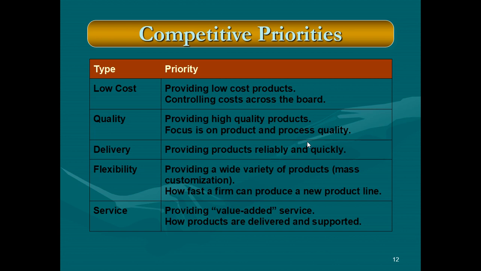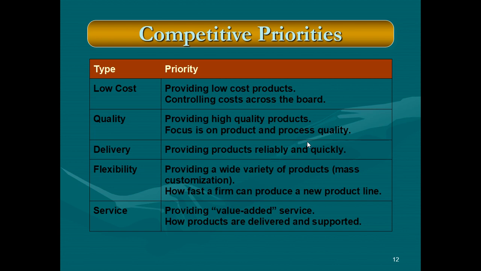Competitive priorities. Here we have different types of measures for competitiveness or the overall operational performance of an organization. It's very important to know that these competitive priorities are low cost, quality, delivery, flexibility, and service.